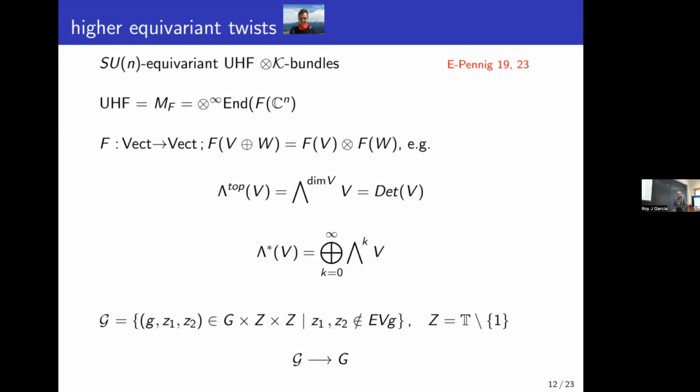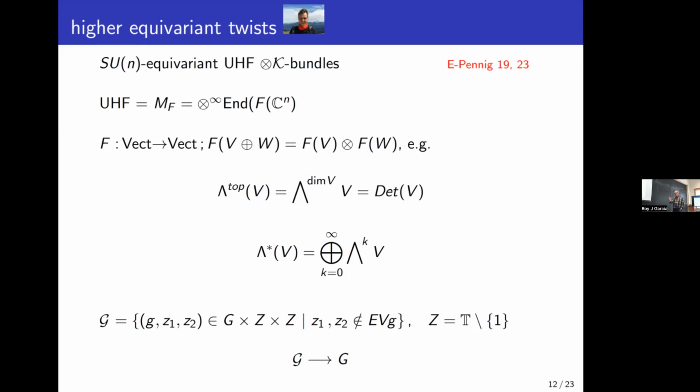Okay, now we're going to use bundles over this group out here. It looks a bit messy, but I think of this G, Z1, Z2 as narrowed in Z1, Z2, Z1 to Z2 labeled by G. If you think of it that way, you figure out what the picture is.